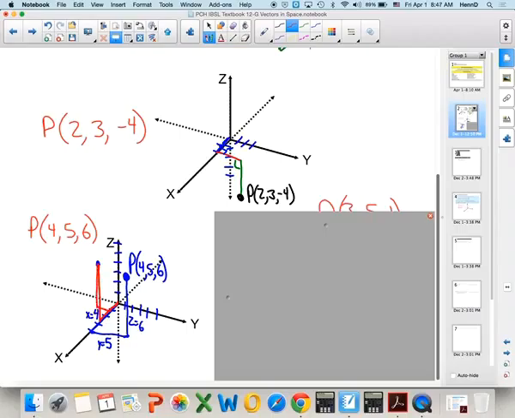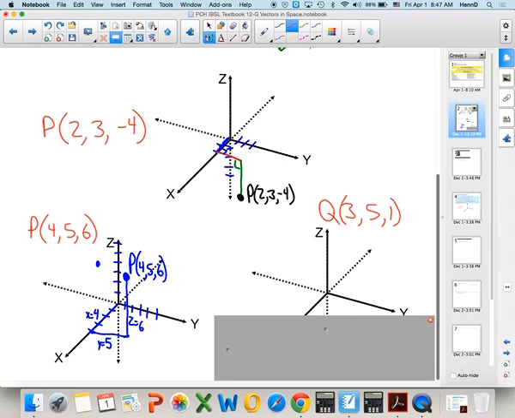Or I could have gone all the way out here, and then y was positive, and then I went up. Okay? You don't really know, it's not as obvious as in 2 dimensions, because we're trying to deal with 3 dimensions on a 2-dimensional piece of paper. Okay? So it's important to label things as you're graphing them.